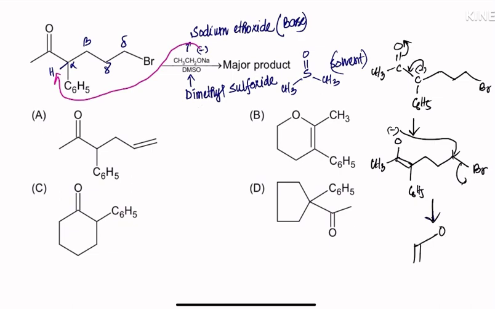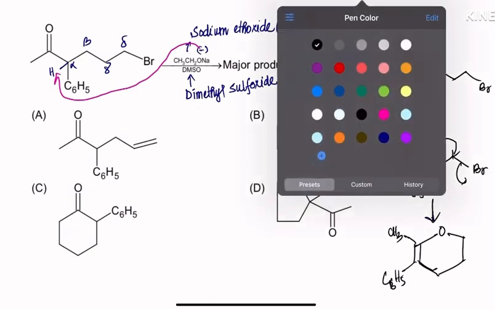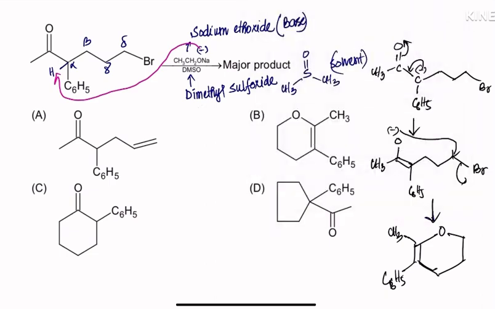There is an O minus, a CH3, and C6H5. So this type of product will form. So finally this product will form. Your question will be, why does it form a 6-membered ring? We know Br is a very good leaving group, and I can see there is a negative charge on oxygen.